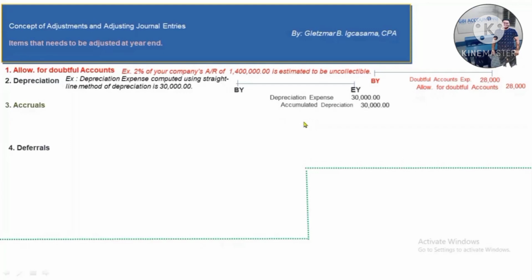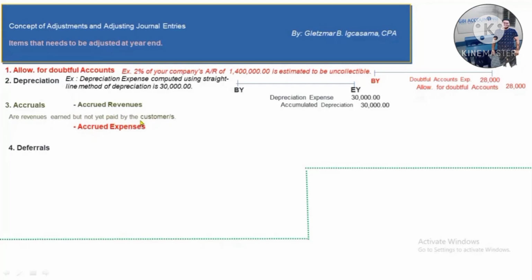But before we go to the next, the accruals, let me emphasize that the adjustments that we're going to talk about in this video usually happen at the year end. Then we have the accruals. However, we have two types of accruals: the accrued revenues and accrued expenses. Accrued revenues are revenues earned but not yet collected.